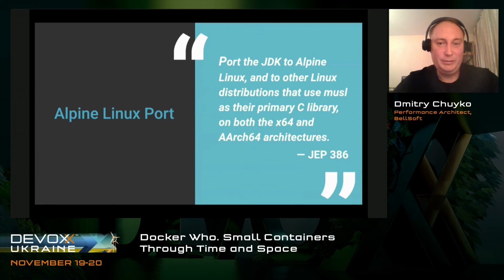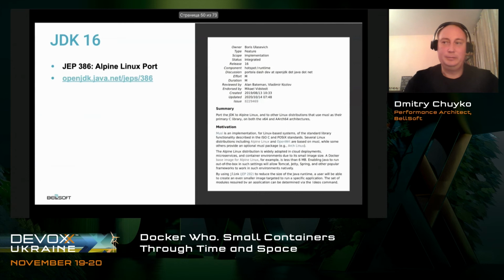It required porting the Java runtime to Alpine Linux, because that's a different standard C library. As I mentioned, not all the functions that are there in glibc and that are used by HotSpot are there. So there was a project called Portola, and there was a job implemented by BellSoft to integrate Project Portola, to fix all the issues, to bring that code into the main OpenJDK repository. And we successfully delivered the job during the JDK 16 release.